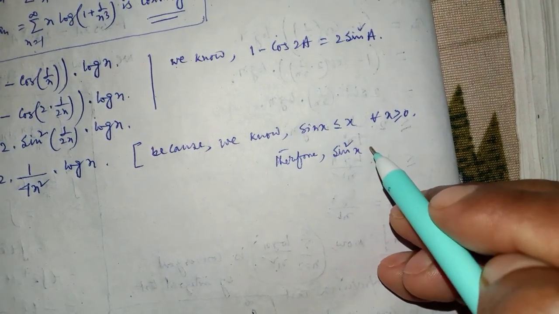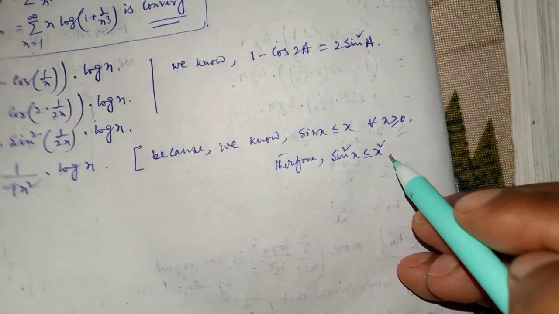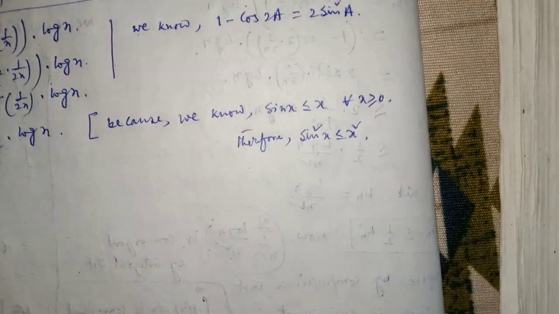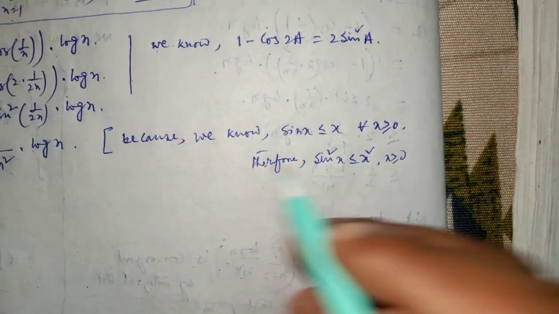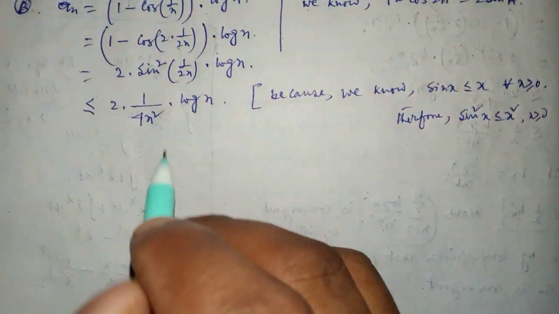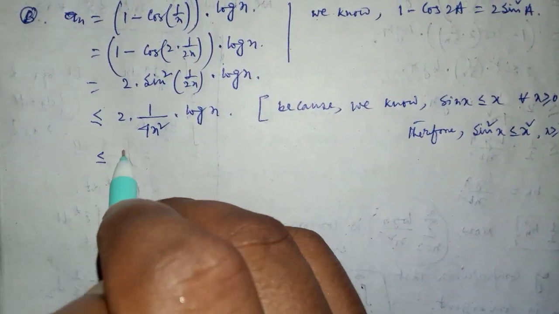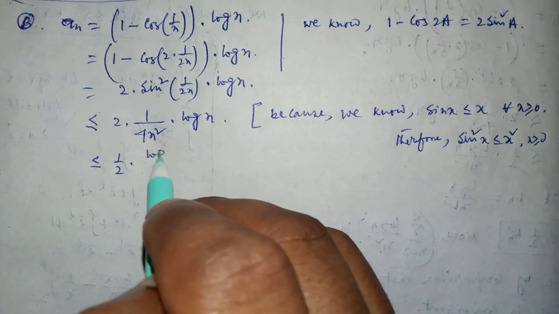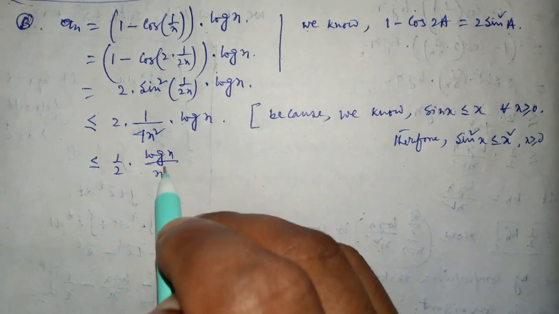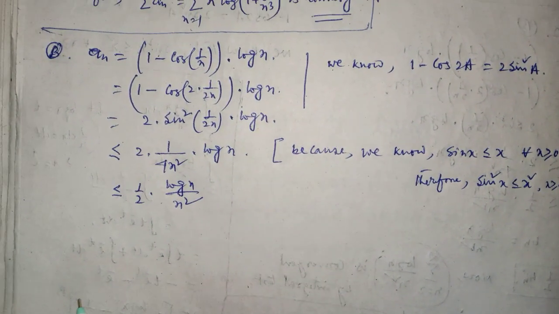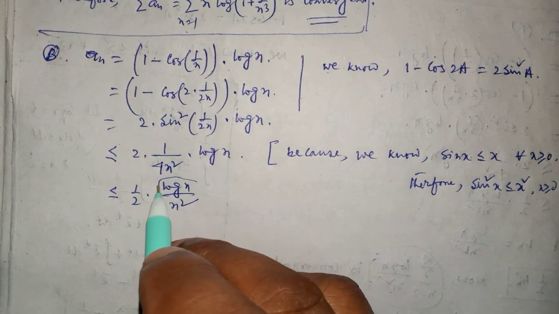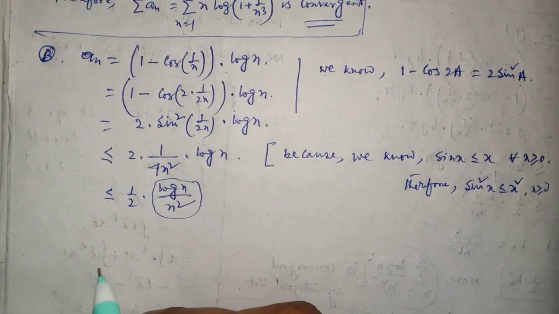Therefore sin square x is lesser equal to x square, x greater equal to 0. So here a n is lesser equal to 1 by 2 into log n by n square. Let us take this series as Vn.